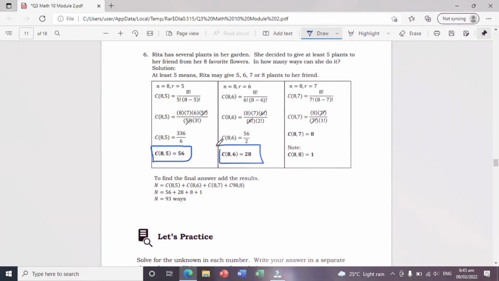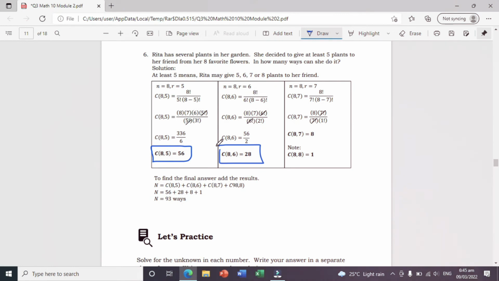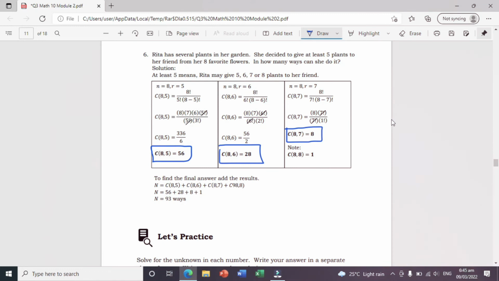And how about C(8,7)? Look closely at the solution, then study why 8 is the answer. And take note that C(8,8) is equal to 1. Why could that be 1?